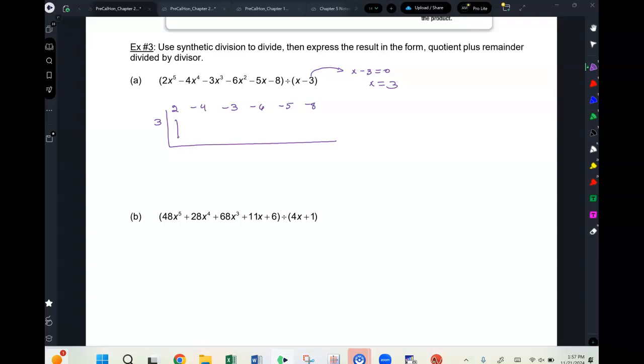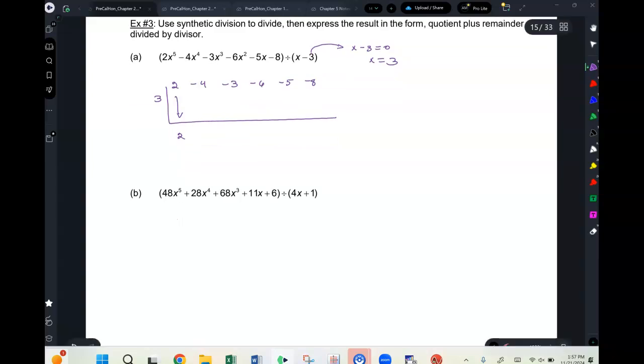Okay, first one comes down for free. Whatever makes it to the bottom row gets multiplied by the number outside. So 6. We add this way, then multiply 6, add 3, multiply, I get 9, add, I get 3, multiply, I get 9, add 4, multiply, I get 12, 4, I'm done.